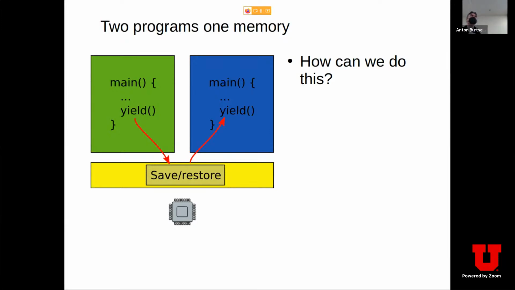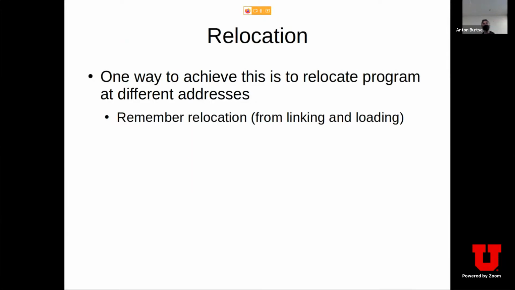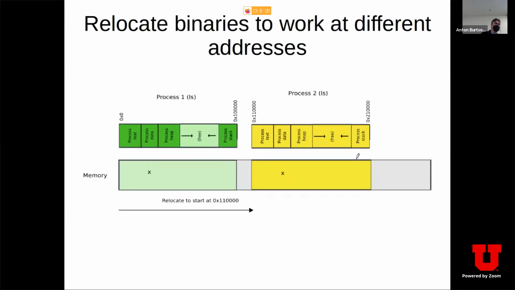Maybe what I was trying to hint at is that you can first think, okay, I have this wonderful relocation mechanism, so why don't I just relocate multiple instances of the same program, or different programs, to run at different addresses? Then something like this can happen. That's my memory. One of the programs, maybe it's the same ls, instance 1 and instance 2 here. One is relocated to run at address 0.